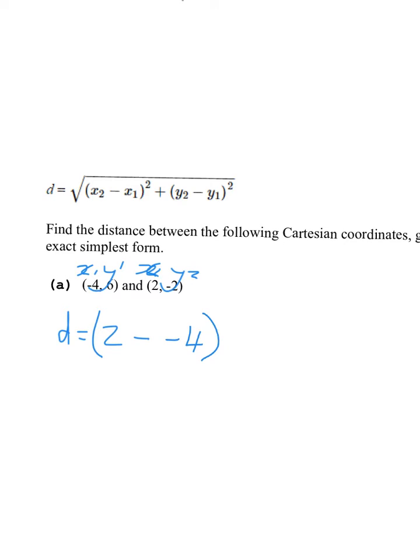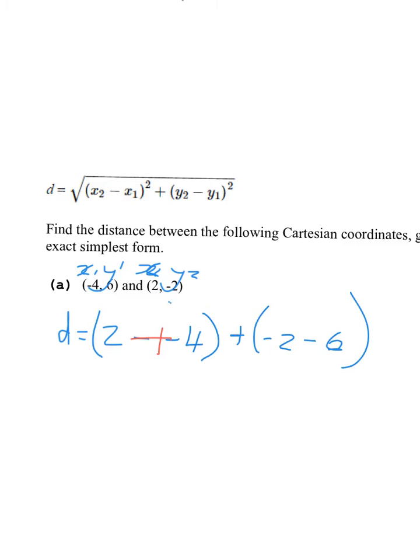What happens when you've got a take and a negative next to each other? A negative and a negative becomes a positive, so let's change that right now. Then plus, another bracket, y2, which is negative 2, so negative 2 take y1, which is 6.